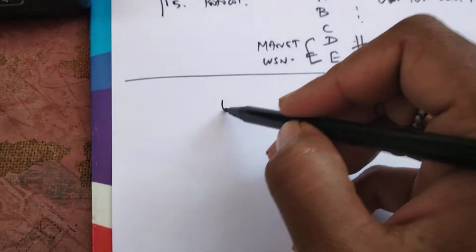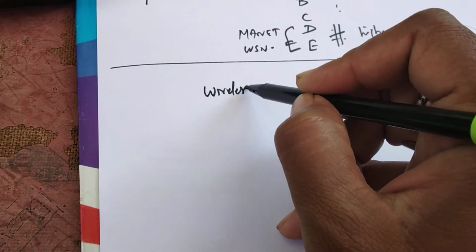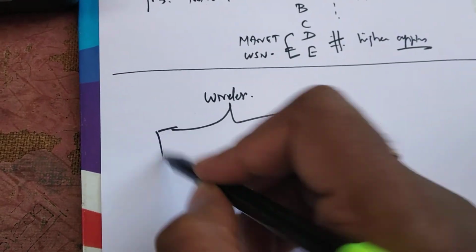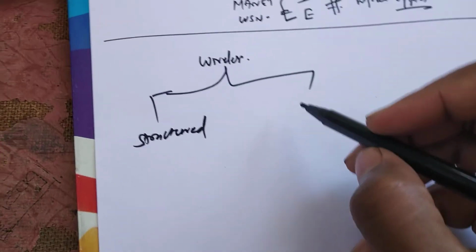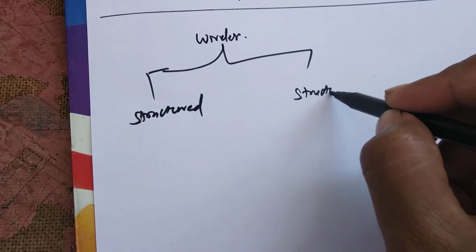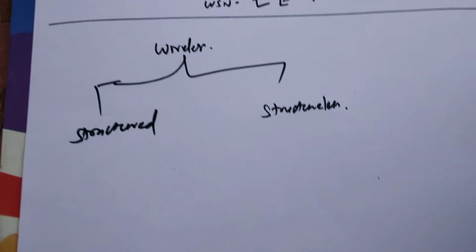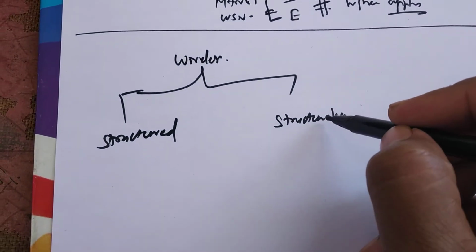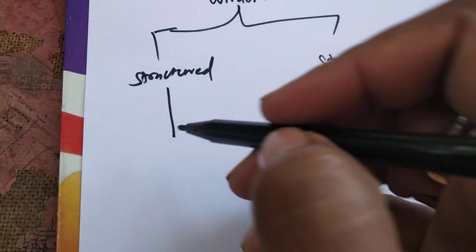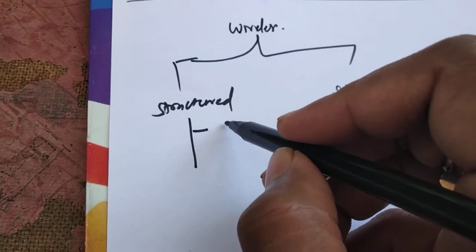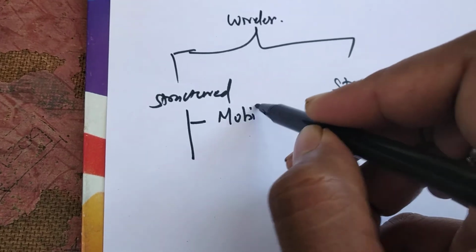We normally classify wireless into two types, structured and structureless. You remember these two different types. For structured, the best example is a mobile network.